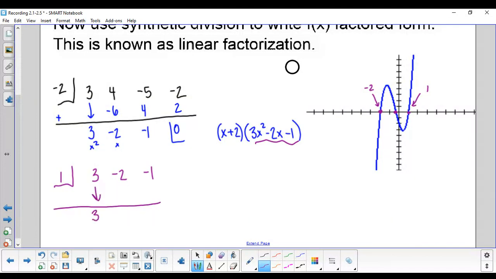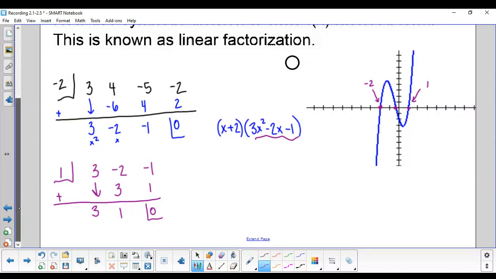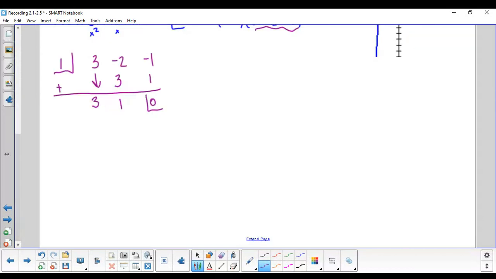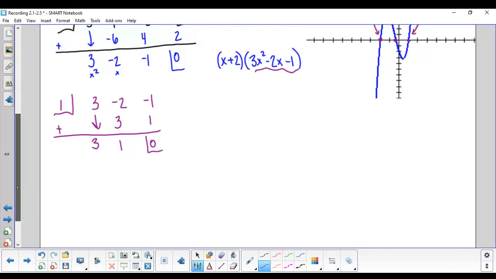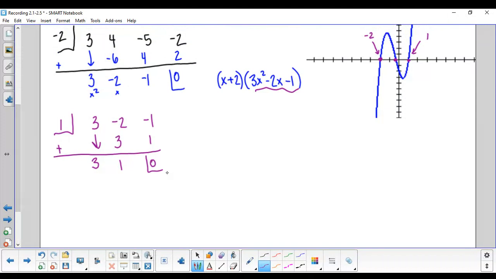Dropping my 3 and then multiplying, I get 3. -2 plus 3 is 1. 1 times 1 is 1. And -1 plus 1 is 0. Again, getting that remainder of 0 tells me that it does divide evenly. And that's great because now I know that I was able to find another factor.